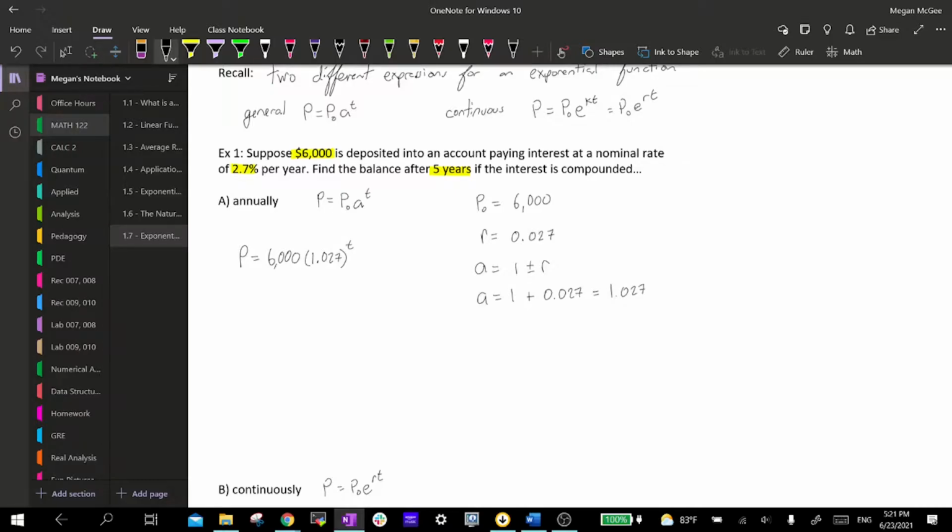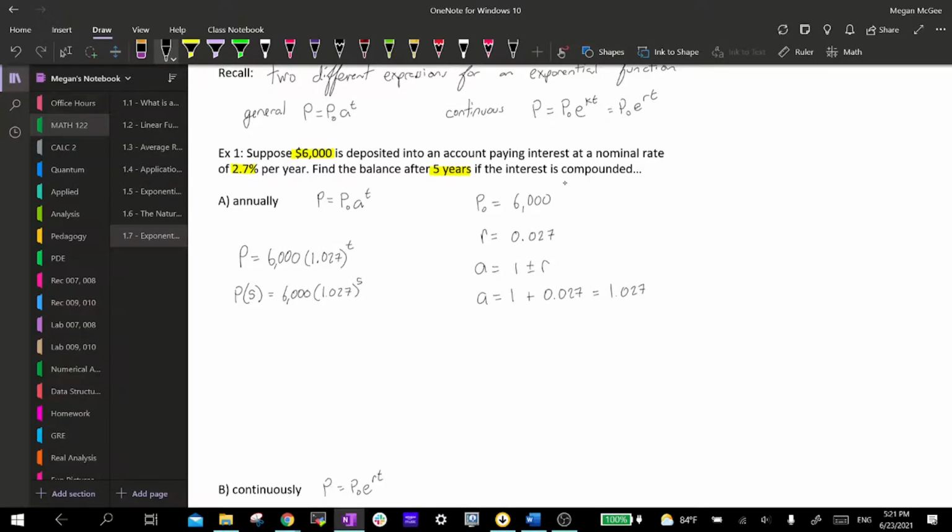So we found the formula, but the second part of this question asks us to find the balance after 5 years of sitting in this bank account. So we're going to go ahead and plug in 5 for t. So we get 6,000 times 1.027 raised to the 5th power.